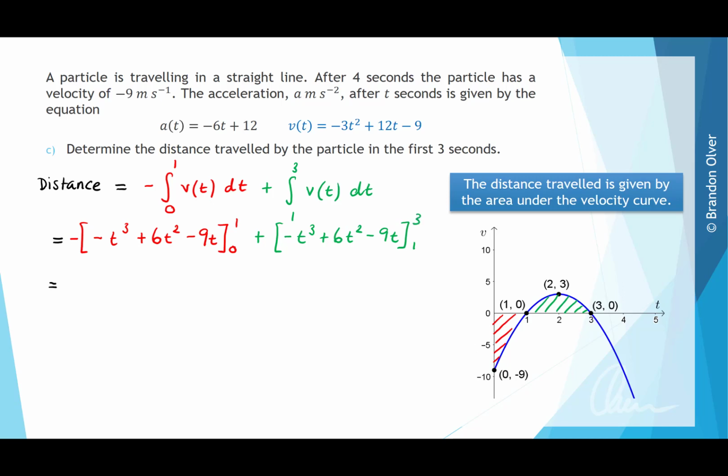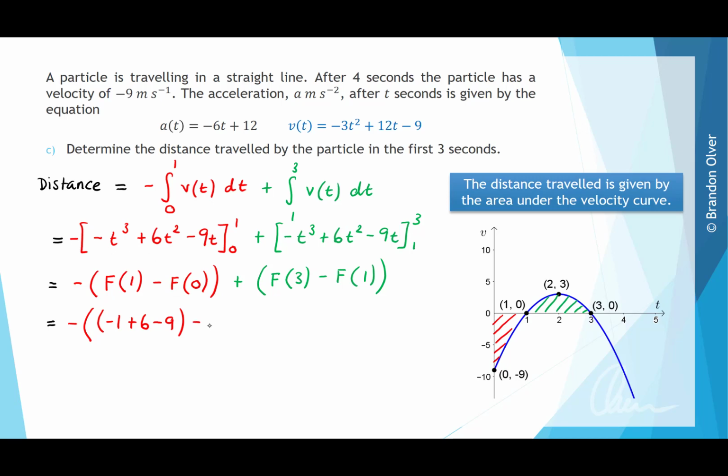So our distance is going to equal, and in red we're going to have negative, and then we're going to do capital F of 1, which is the antiderivative evaluated at 1, subtract the antiderivative evaluated at 0, and then we're going to add on the antiderivative evaluated at 3, subtract the antiderivative evaluated at 1, and that will give us the area under this curve. We shouldn't forget that negative symbol out the front, and then for F of 1 we'd have negative 1 cubed, which is just negative 1, then plus 6 minus 9, and then we subtract away the antiderivative evaluated at 0, which is simply subtract 0.